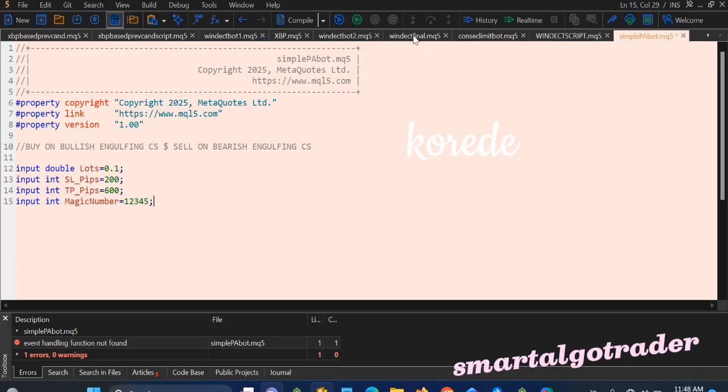Windex final can have the magic number 1234, this one can be 1245, and this one 3456. So whenever a trade is taken, if I go to the trade history, I will know which trading bot executed it. When a trading bot is profitable, you know the one that takes the trade, and you don't have anything to worry about. Do you get? So now let's start with this CTrade.